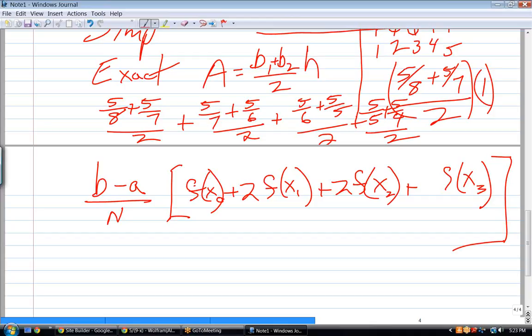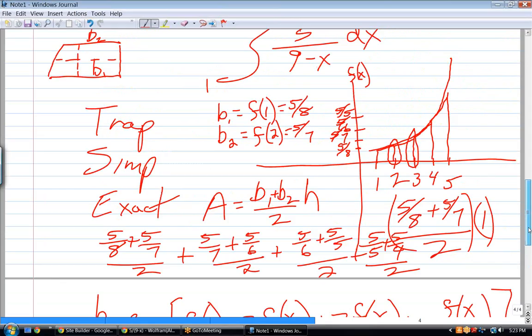And notice what's going on here. We used that one once. We use all the others twice except the last one, which we use once. And why is that? Well, if you look at the picture, this first base is only used in one of the trapezoids. This base here is used in 2 different trapezoids, as this one is here, and the third one.